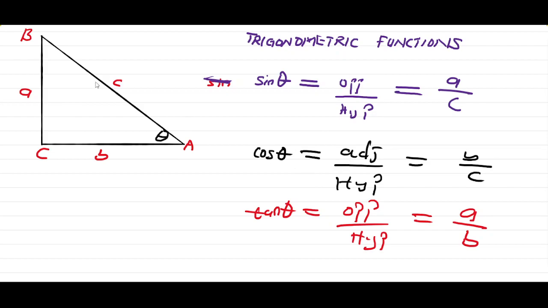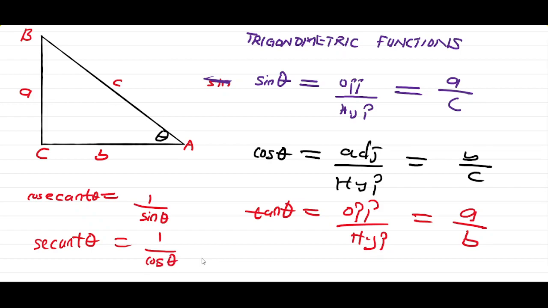Now there are other trigonometric functions, like one of them is the cosecant. This cosecant equals 1 over sine theta, and then we have the secant, which is 1 over cos theta, and then we have the cotangent, equal to 1 over tan theta.